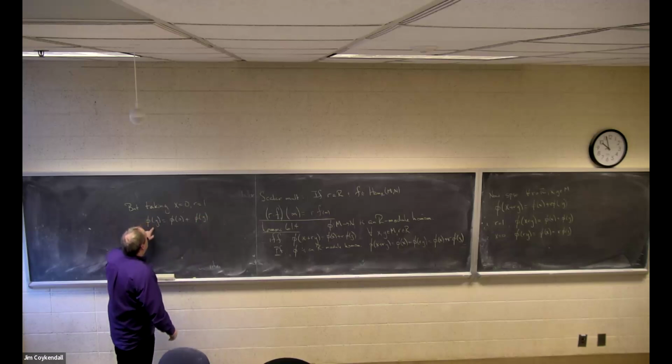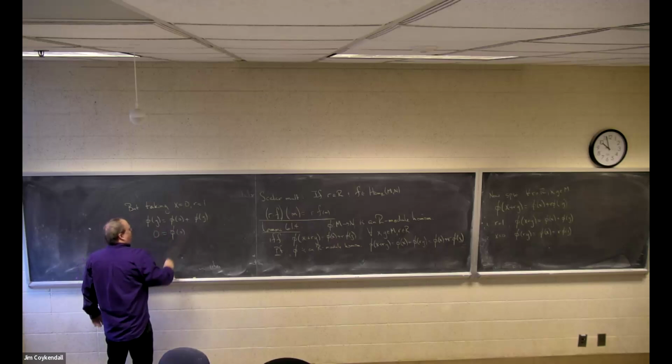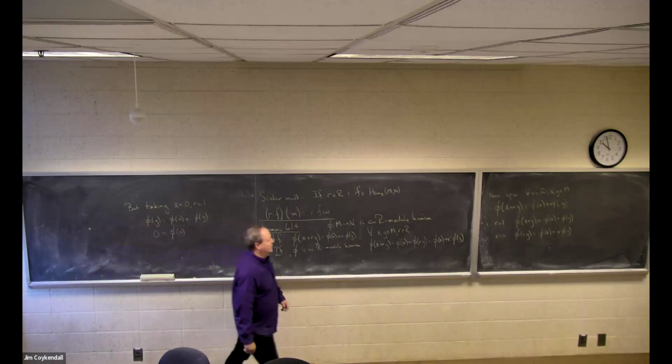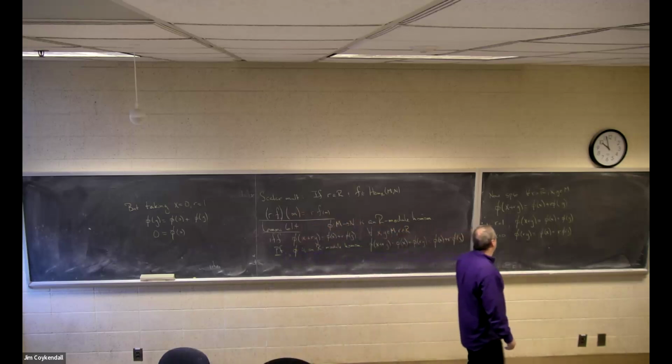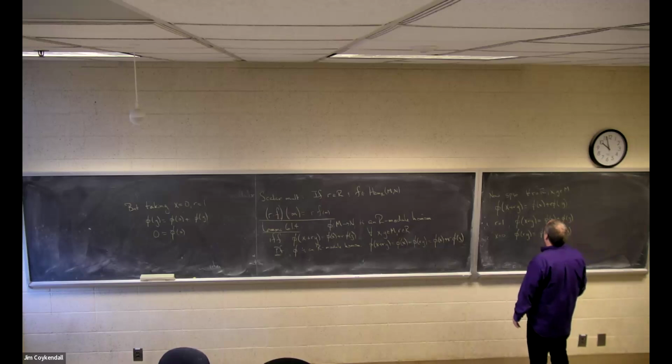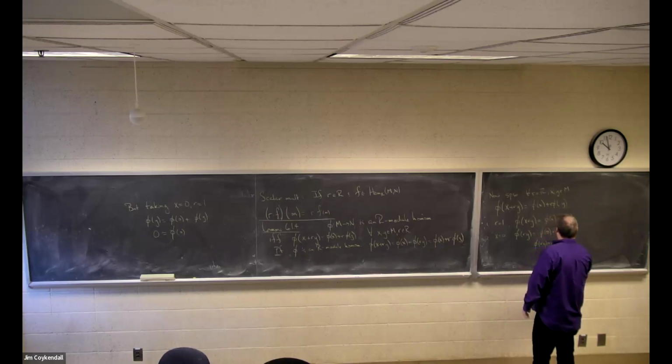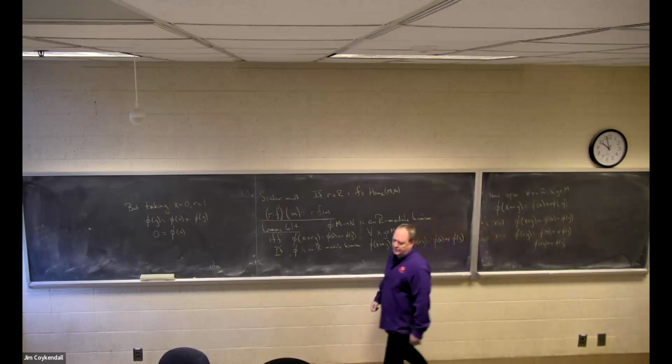There we go. Now you cancel the phi of y's, because actually this all happens in the abelian group. So I get phi of ry, which is exactly what we want. Very good.